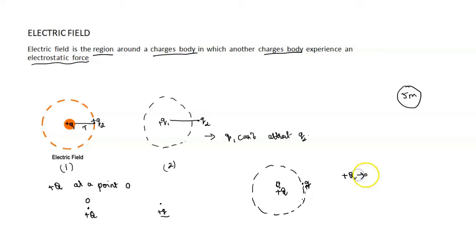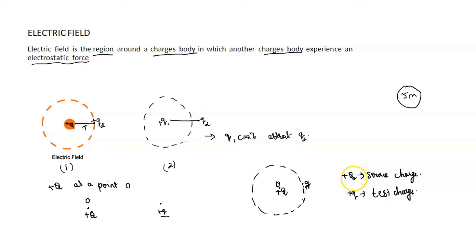The small letter q is called the test charge, because the test charge should be very small and cannot create an electric field by itself. Only the source charge can create an electric field.